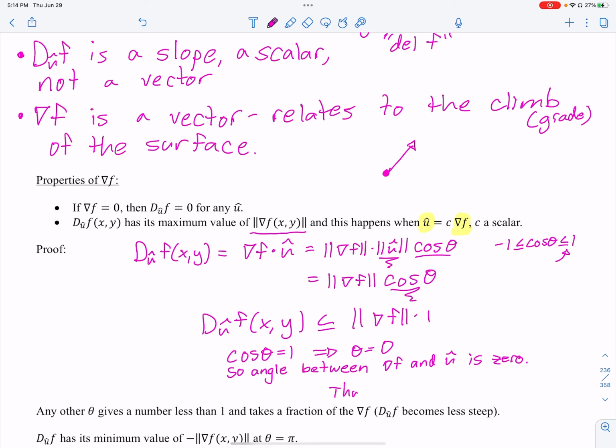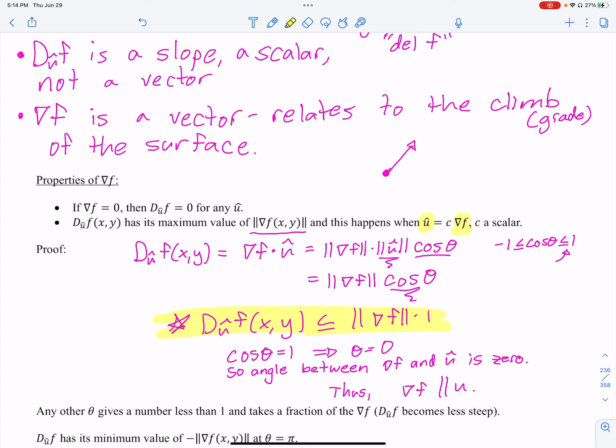Thus, the gradient of f is parallel to u. That was that second part. So the first part, this was the big conclusion here. The biggest that the directional derivative will be is the magnitude of the gradient of f.